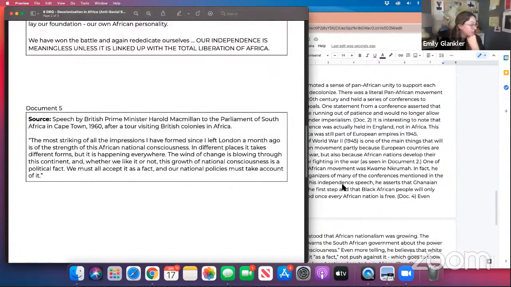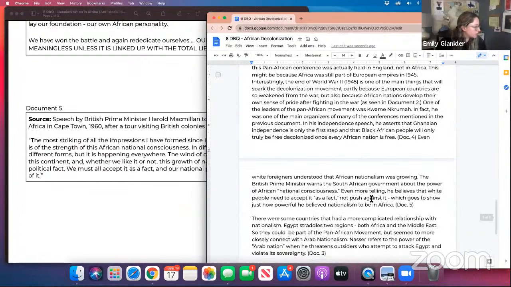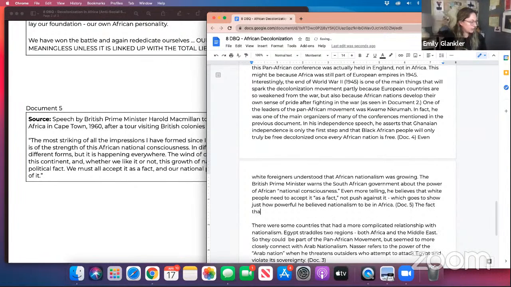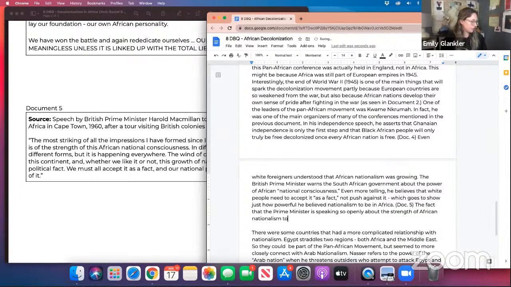I think the intended audience of this one's really interesting, because he's speaking to a bunch of other white South Africans, right? So I would say the fact that the Prime Minister is speaking so openly about the strength of African nationalism to an all-white government in South Africa is important.